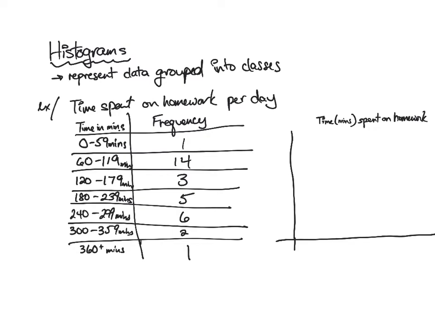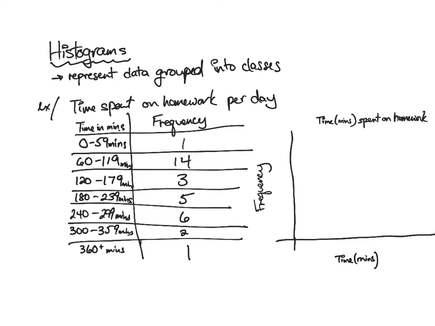You would have a label for your x-axis, time in minutes. You would have a label for your y-axis, frequency.